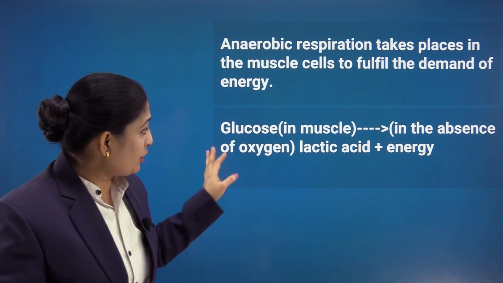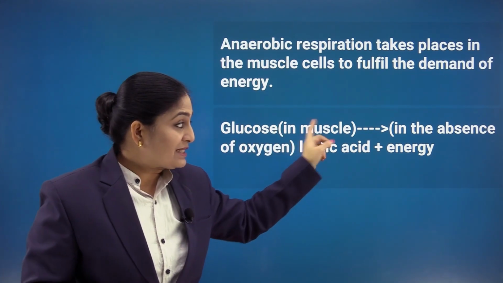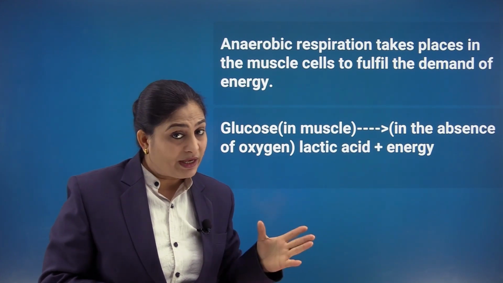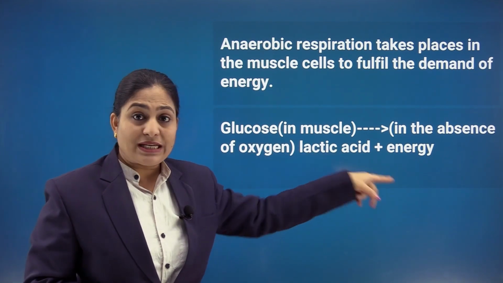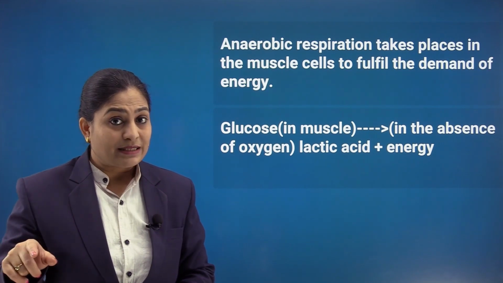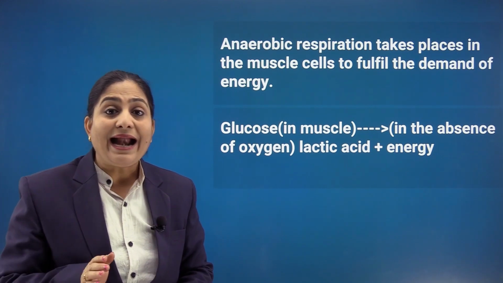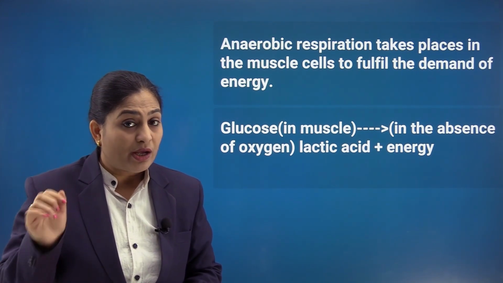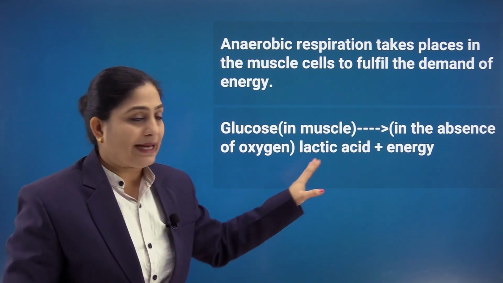In that reaction, the glucose, which is the food present in muscles, gets decomposed in muscle cells anaerobically, meaning in the absence of oxygen, and it finally produces lactic acid and energy. So in our muscle cells, the byproduct is lactic acid and energy, whereas in yeast we get ethanol, alcohol, as the main constituent. But here we have lactic acid.